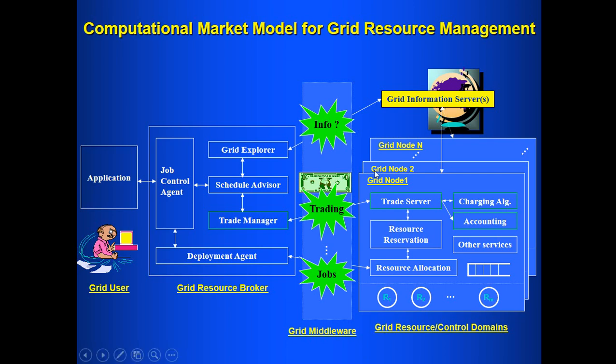On the right side of the figure, the grid nodes are displayed. Each node contains its own resources. Nodes send their resource information to GIS.